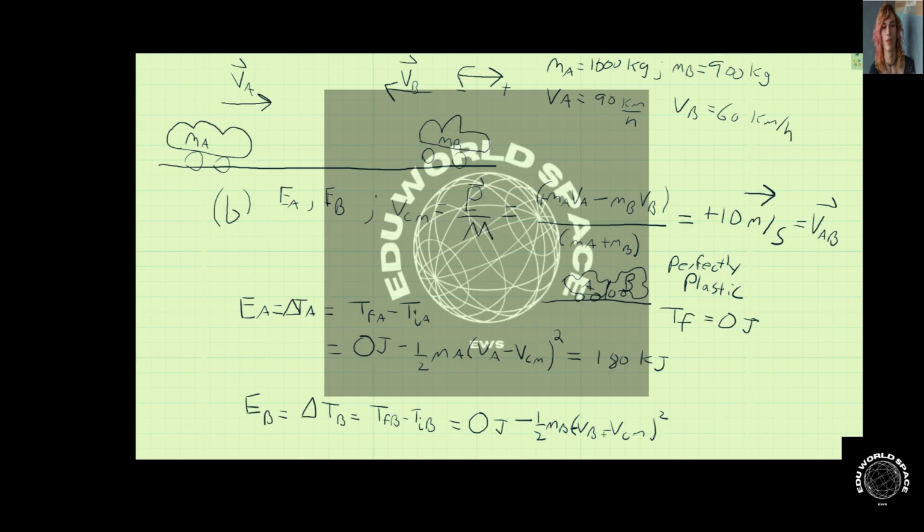So they're going to add up to be an even larger negative velocity because we're moving in a frame that's moving to the right. And then, of course, once we square it, the negatives go away. But we have to remember to put in that negative to make sure we're getting the right velocity for car B before the collision in a frame that's moving to the right. So put in all of our numbers that we know here, and we end up getting an answer of 320 kilojoules.